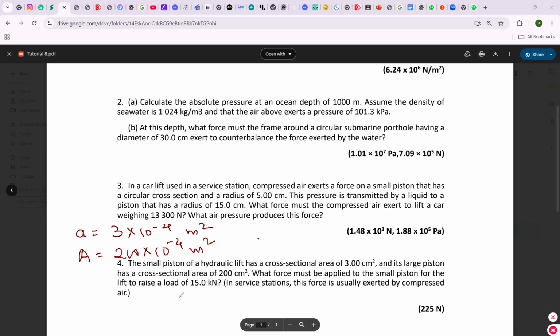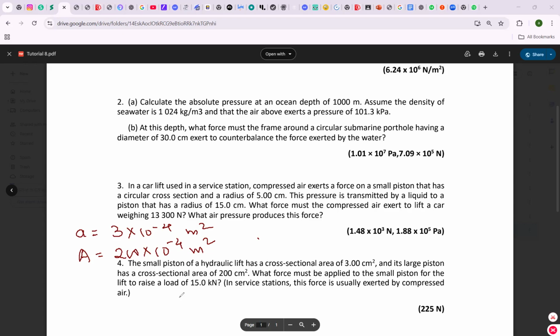So basically, 15 into 10 power 3 over 200 into 10 power negative 4.